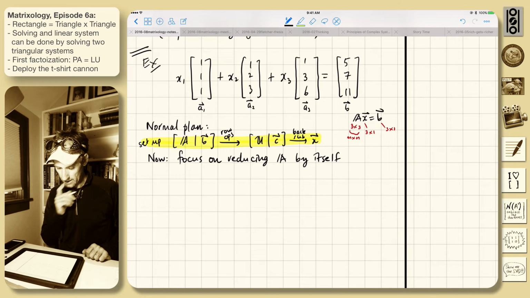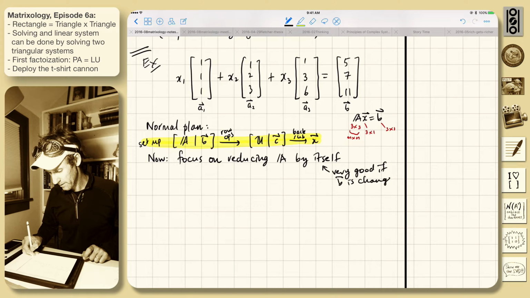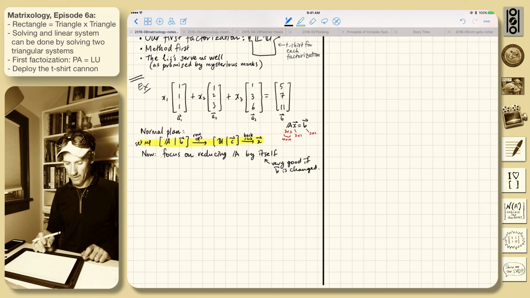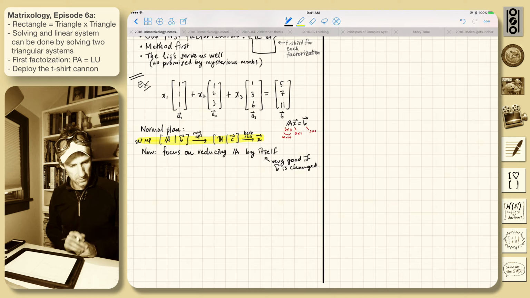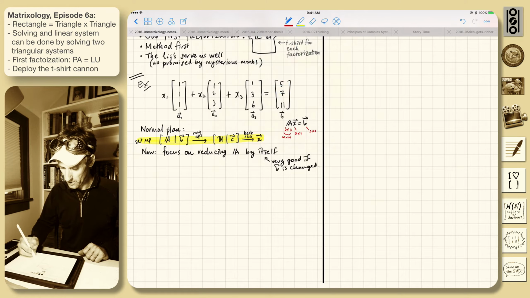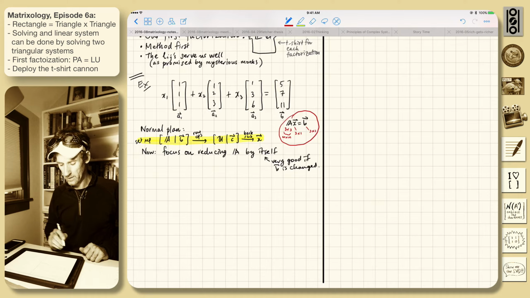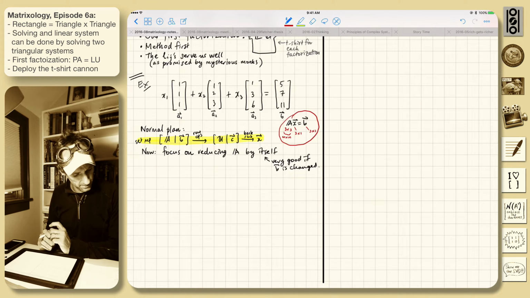So this is very good if b is changed. We're going to know something about A's behavior that allows us to address a new Ax equals b. So this is our mission. Pretty much, yeah. That's the plan.